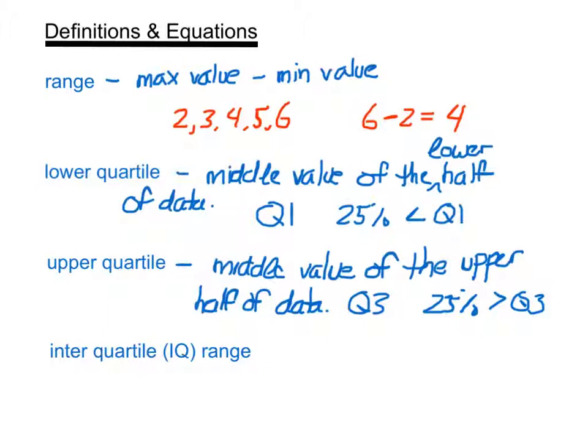Once we know Q1 and Q3, or the lower and upper quartiles, we can find the interquartile range, which is a lot like the regular range for the data set, but instead of using the max and the min, it's simply the upper quartile minus the lower quartile. And we often denote the interquartile range as IQR.